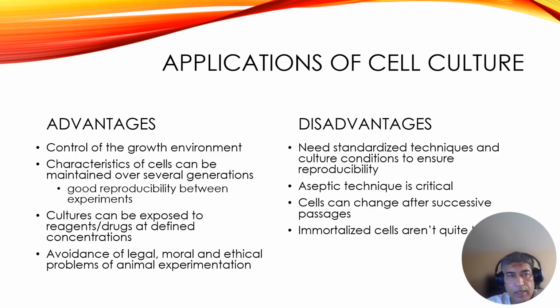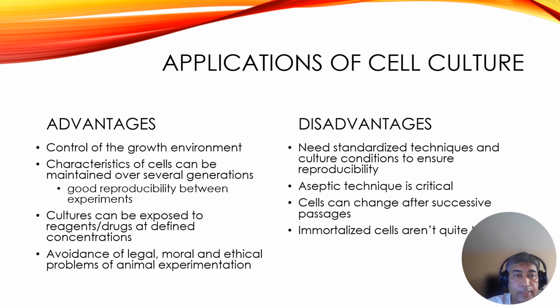There are a couple of advantages and disadvantages of using cell culture systems. For advantages, we have control of the growth environment. We can control how much nutrients we provide in the medium, and conditions like oxygen, carbon dioxide, temperature, everything is controllable.